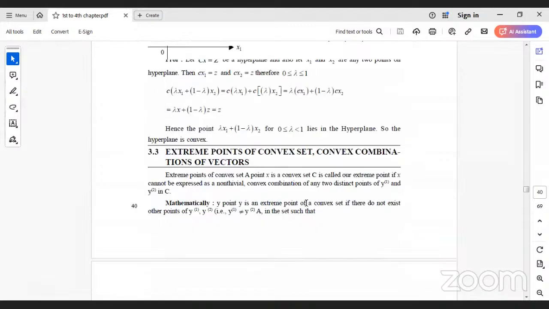Next, extreme points of convex sets and convex combinations of vectors.